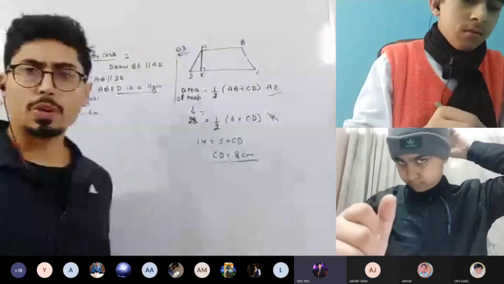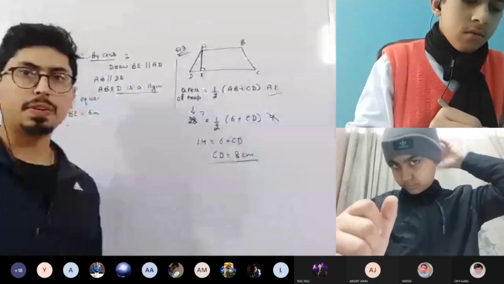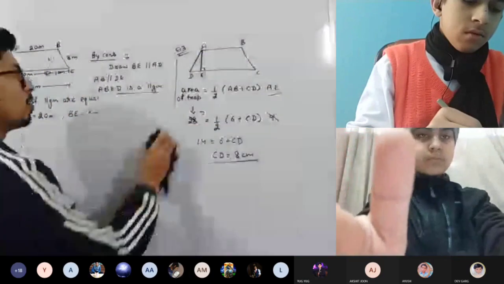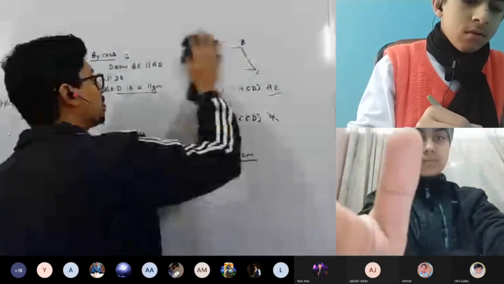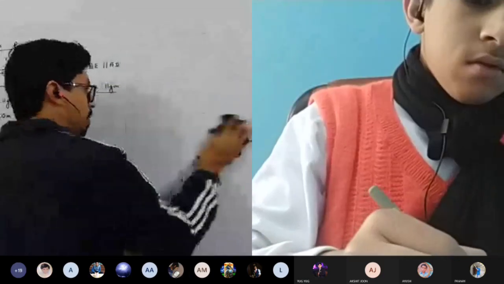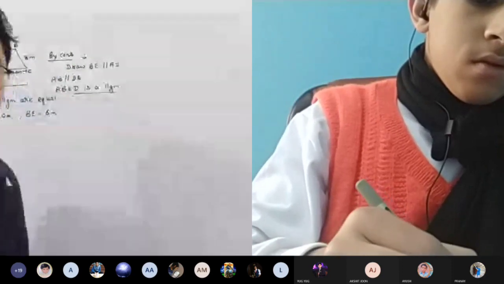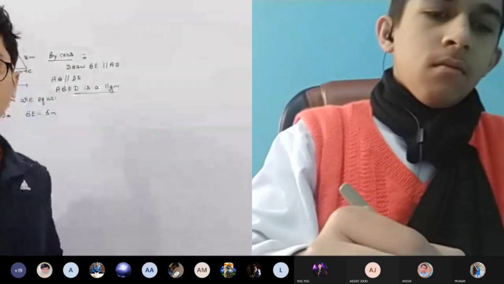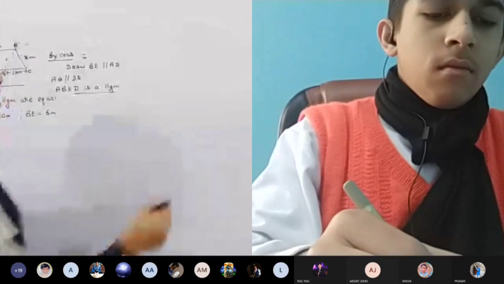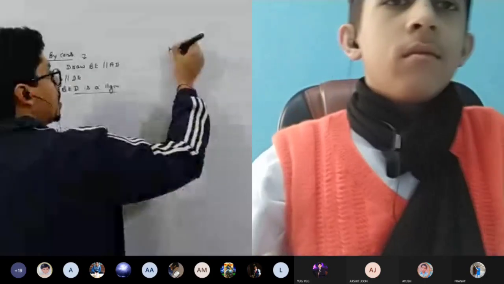Now just see everyone. Heron's formula is the formula to find out the area of a triangle. See, it is the formula for finding out the area of triangle. Heron's formula.